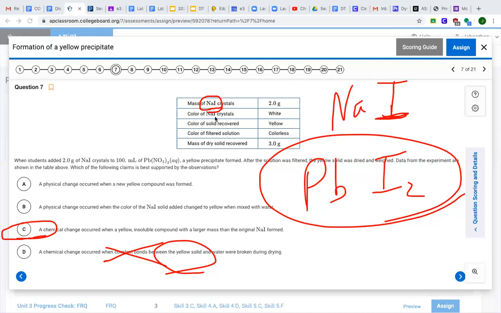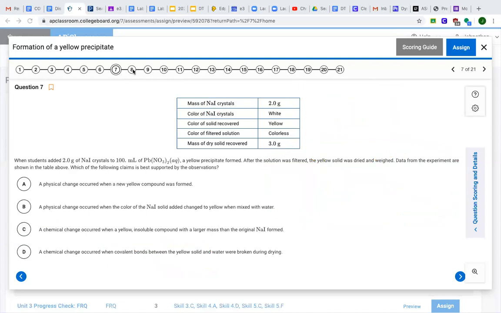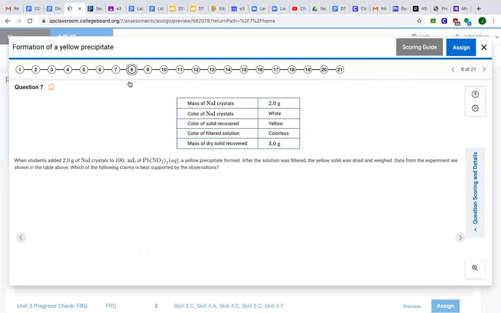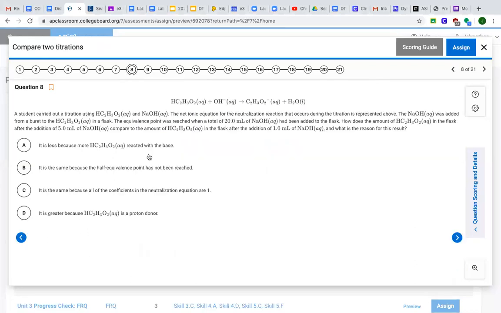Okay, I'm gonna go ahead and clear the board and we're gonna move on to the next question. So a student carried out a titration using HC2H3O2, that's acetic acid, and sodium hydroxide, NaOH. The net ionic equation for the neutralization reaction that occurs is represented above. The sodium hydroxide was added from a burette to the acetic acid in a flask.